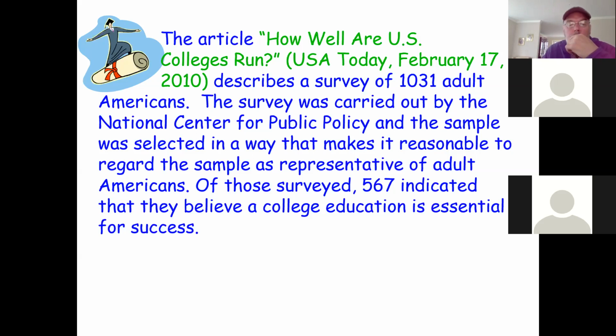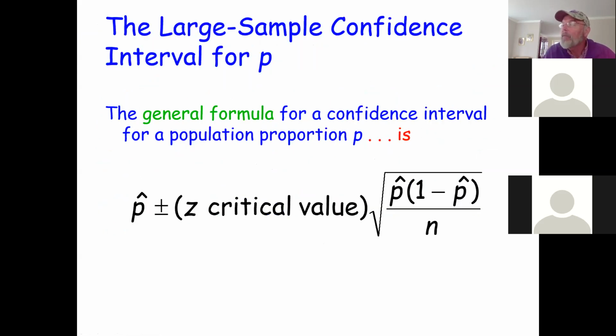Okay, so here we're looking for the population proportion, and we want to use a sample to actually estimate that population proportion P. So 567 over 1,031 will be the value of P hat.